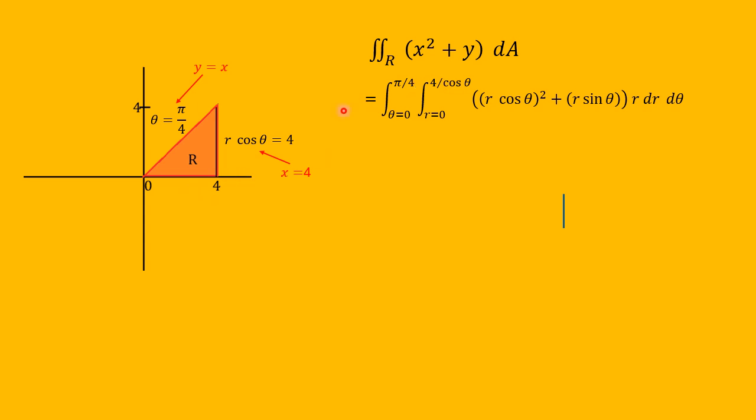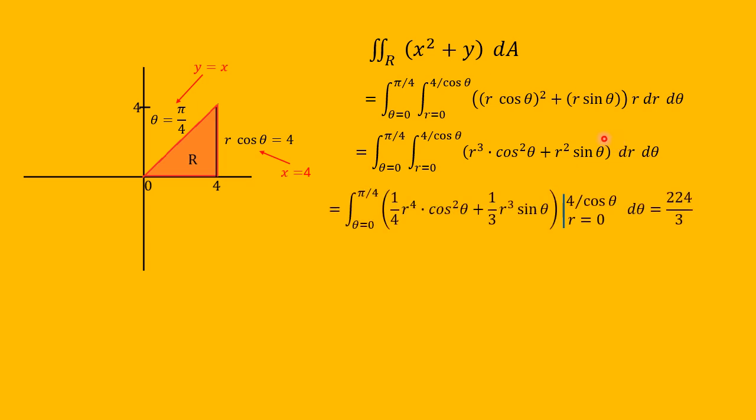And for theta, we're going to go from theta equals 0 up to pi over 4. So this is the integral that we have at this stage. Just do a little bit of algebra here, multiply by this factor of r, and we can write the integrand this way, dr d theta.